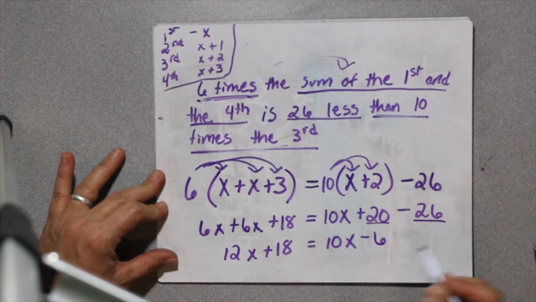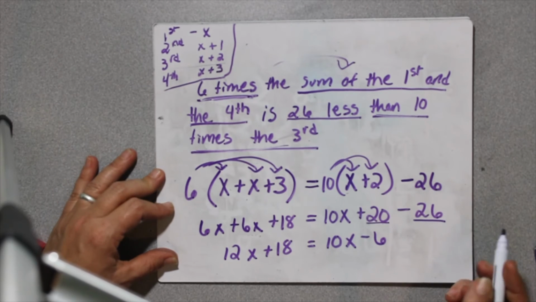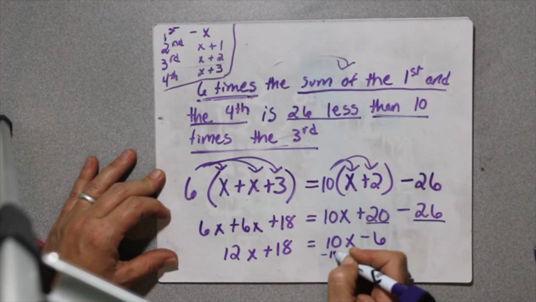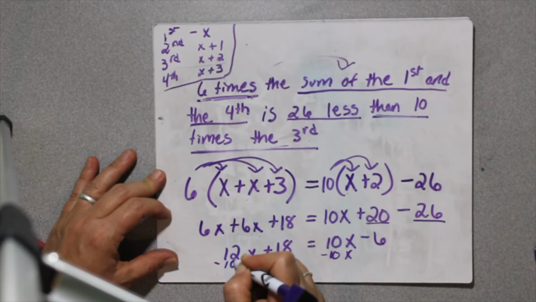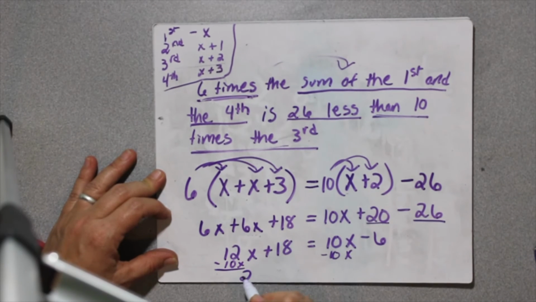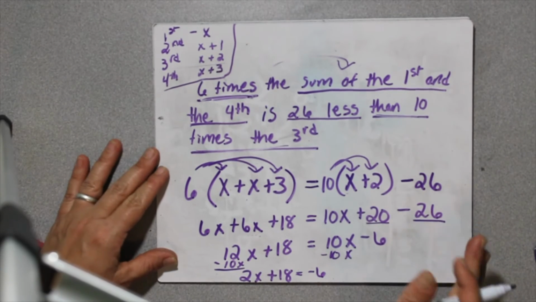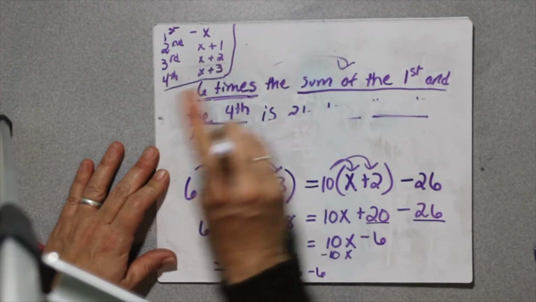Positive 20, negative 26, negative 6. All right. Now we're going to put our x's together. And we end up with 2x plus 18 equals negative 6. I'm running out of room here. I'm going to move this up to the top.